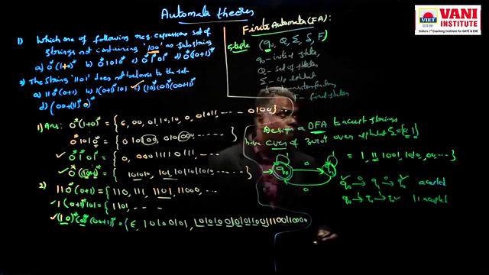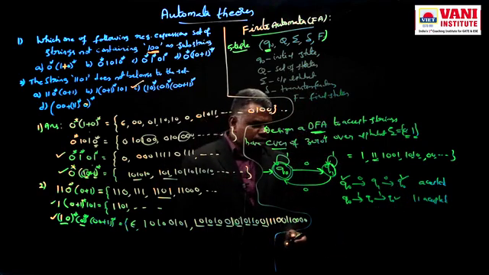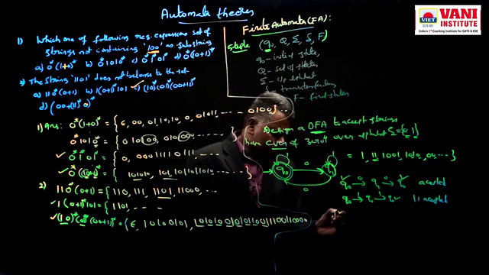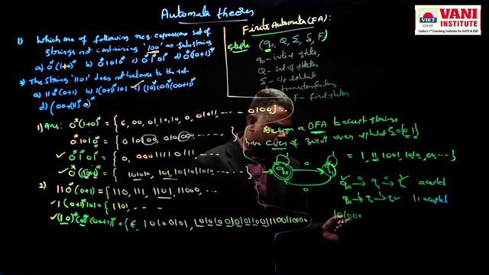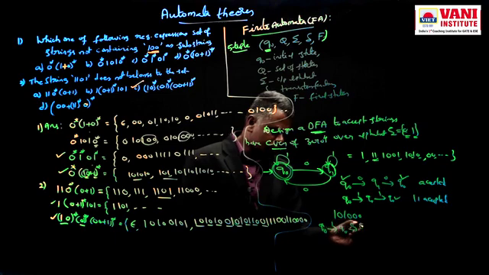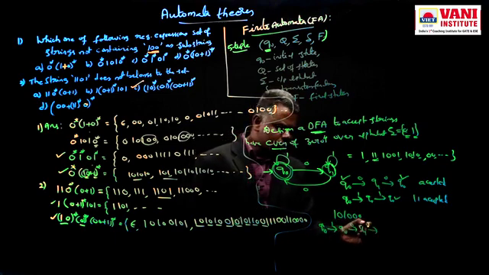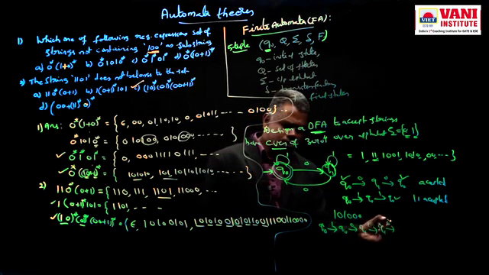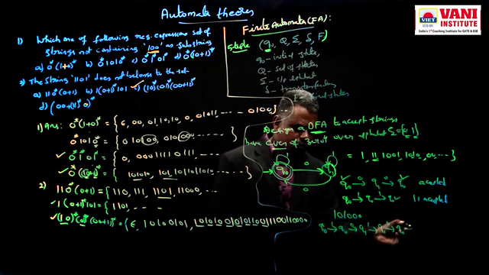Similarly, consider any string with an even number of zeros, like 1 0 1 0 0 with 4 zeros. Q0 on 1 is Q0, on 0 is Q1, on 1 is Q1 only, on 0 is Q0.